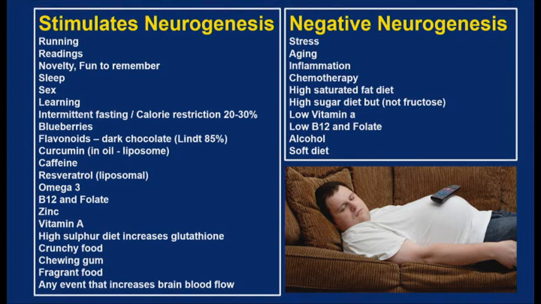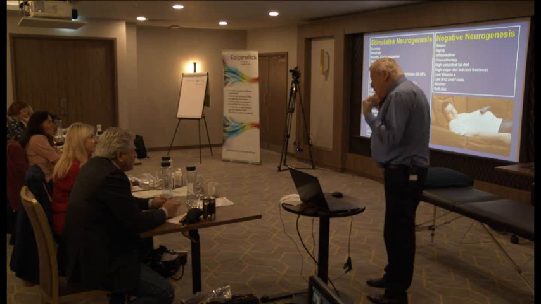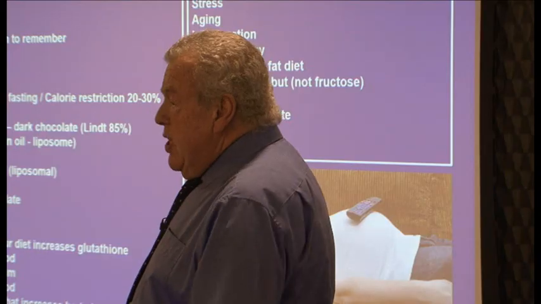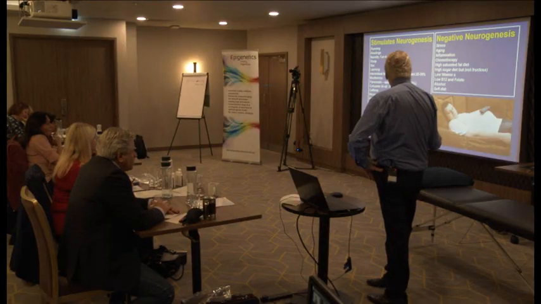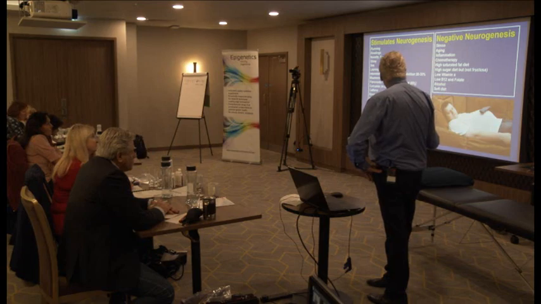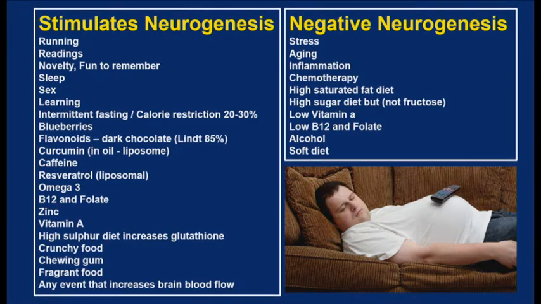Chemotherapy, inflammation. Anything with chronic low-grade inflammation, and you've learnt this weekend, the major source of chronic low-grade inflammation is the bowel. A high saturated fat diet, we talked about, definitely increases the immune reaction.